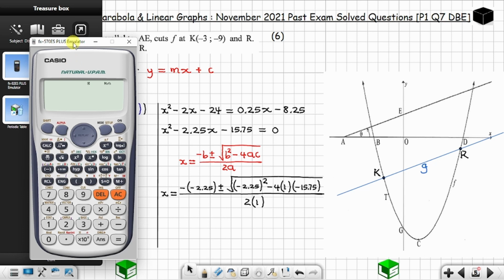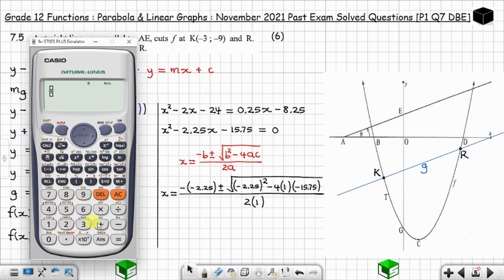This is our calculator. So you have, in bracket, negative 2.25. Let me plug everything the way it is. Now you have plus and negative there. Let's start with plus, and after that we are going to change it to negative.